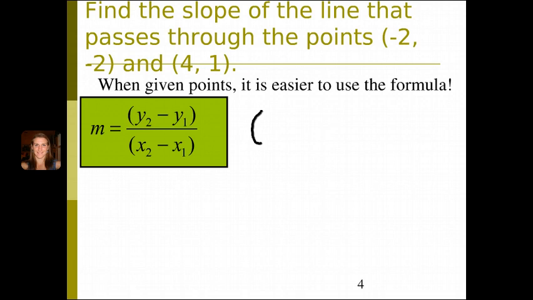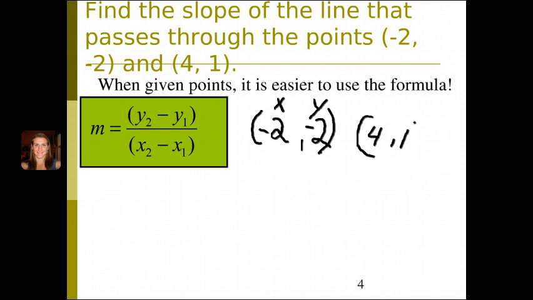So we have -2 and -2 as our first ordered pair. This is the x, and this is my y. The other point we have is (4, 1). This is my other x and my second y.